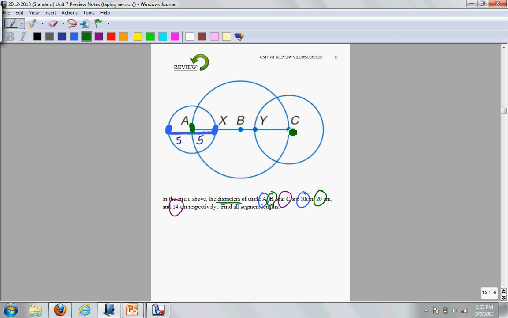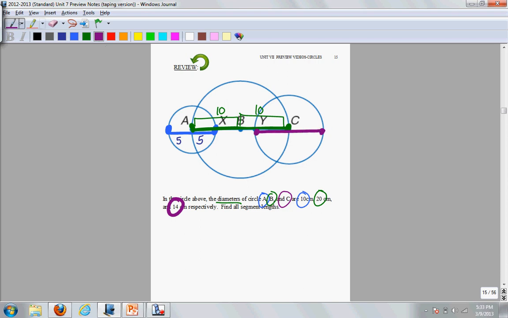So from this edge to this edge, right here, is 20. And that would make this from here to here a 10 and a 10. And the last one is 14. And that's C, so from this edge to this edge is 14.